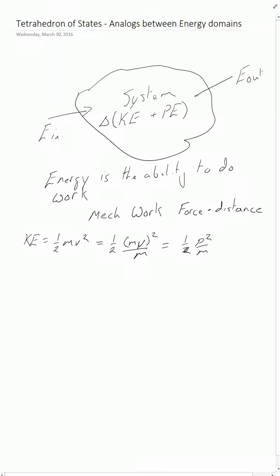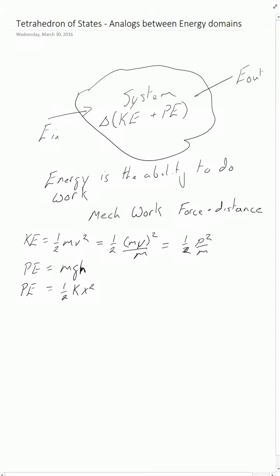The other form that we often think about for potential energy is mgh, where h is the height of an object relative to a reference point. Another form we might see is potential energy equal to 1/2 kx squared, where k is our spring constant.